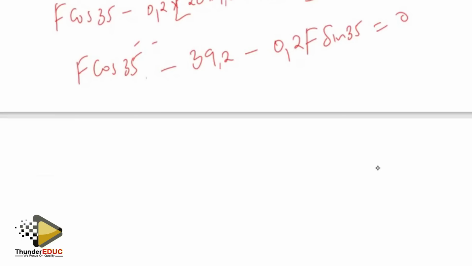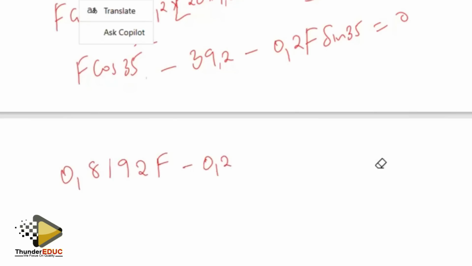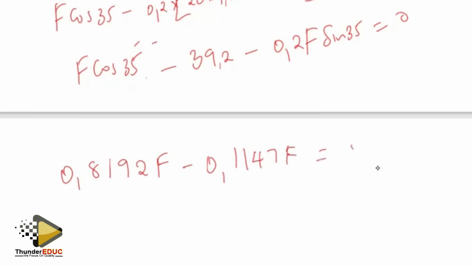So cos of 35 is giving me 0,8192 F. We are subtracting 0,2 times sine of 35, which is 0,1147. F is equal to 39,2.